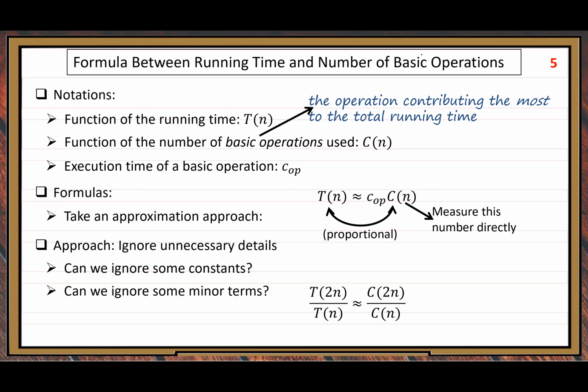One observation from this equation: whenever we double the input, what is that ratio? If the ratio is high, then the increasing rate is high.